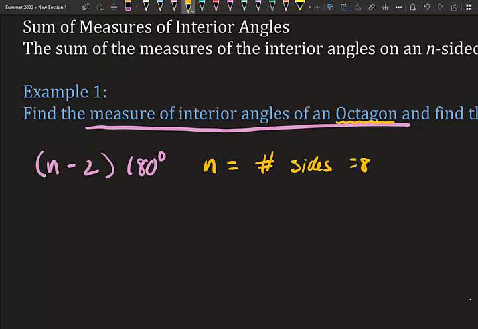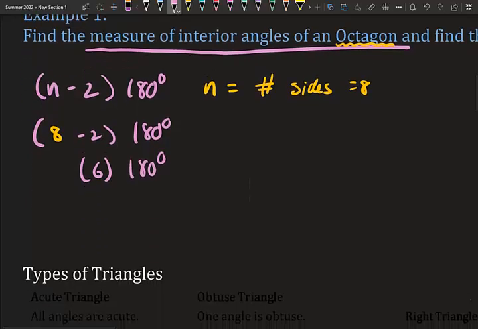Right, octopus, 8 legs, or 8 tentacles, 8 sides. So we have 8 minus 2 times 180 degrees, so that's 6 times 180 degrees, and 6 times 180 degrees is 1080. So for an octagon, all the angles on the inside will equal 1080 degrees.